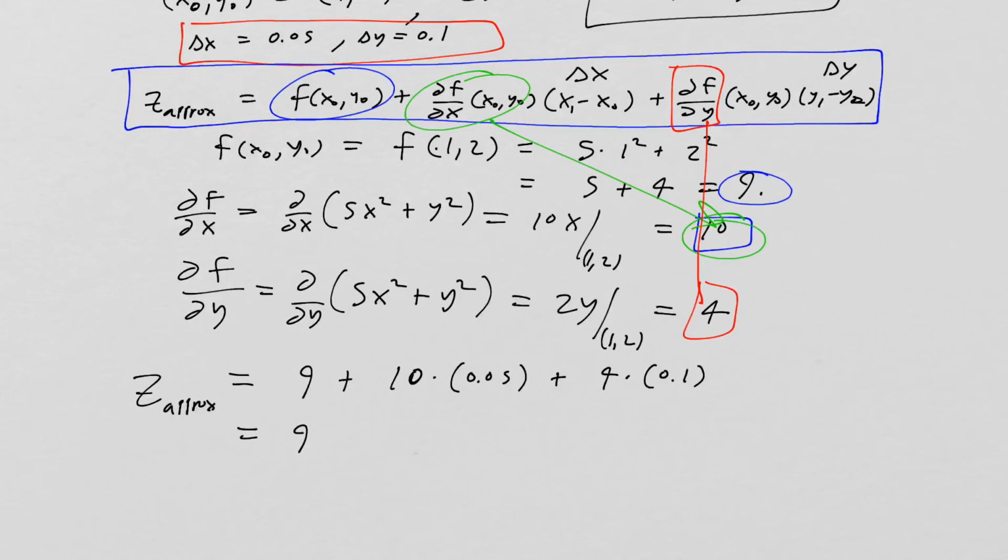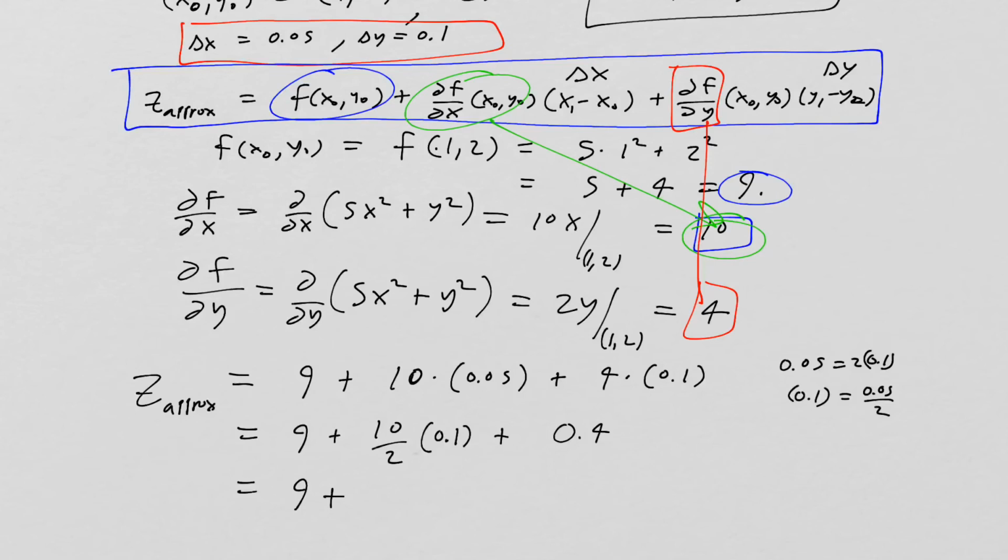So this is 9, and what is 0.05? Well, that's actually just 0.1 over 2. So what we can do is go 10 over 2 times 0.1, plus this one's going to be 0.4 there. I think we've got a good estimate.